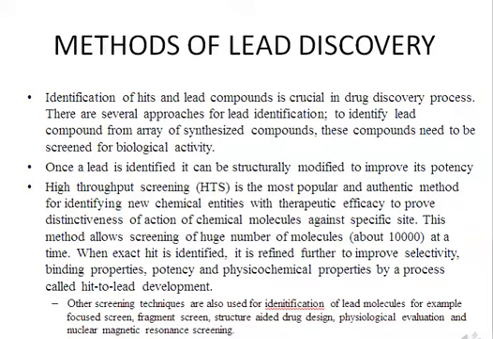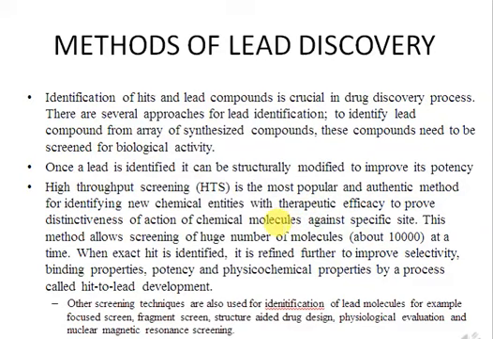For the process of screening a large number of compounds for biological activity, we make use of a technique which is known as high throughput screening, right? This technique was discussed in the previous lecture, but just for revision, high throughput screening is a method by which we can identify new chemical entities for therapeutic efficacy, right?